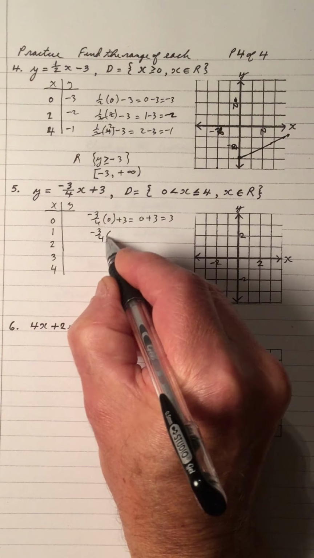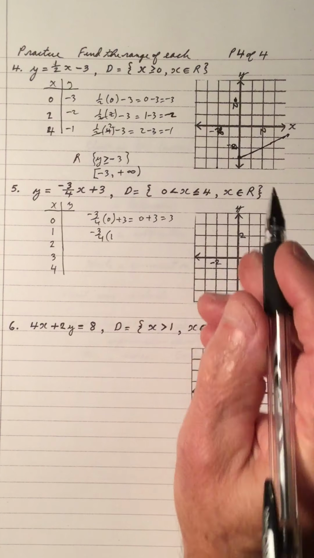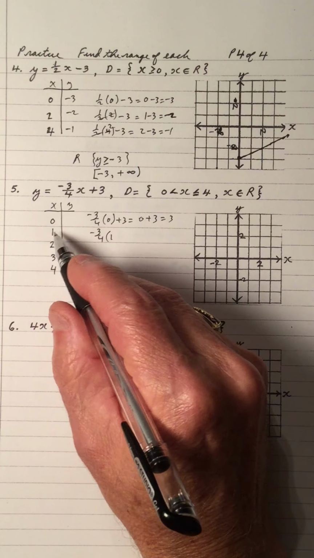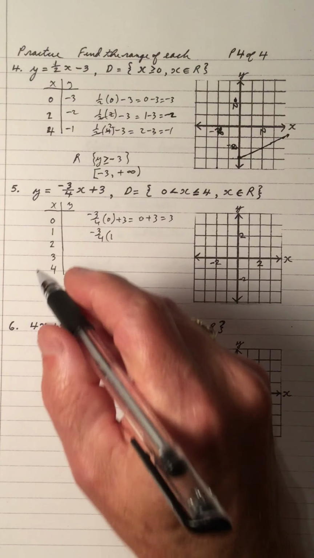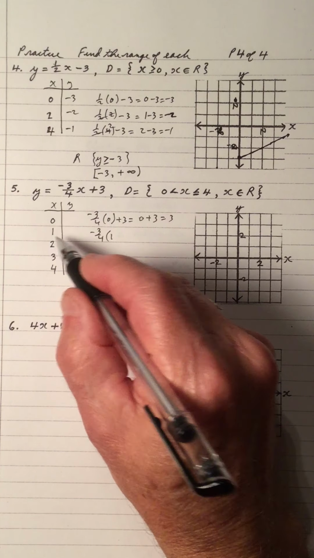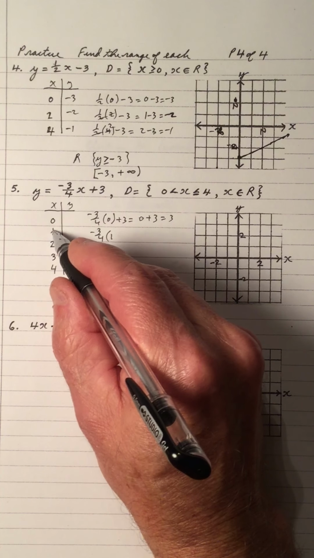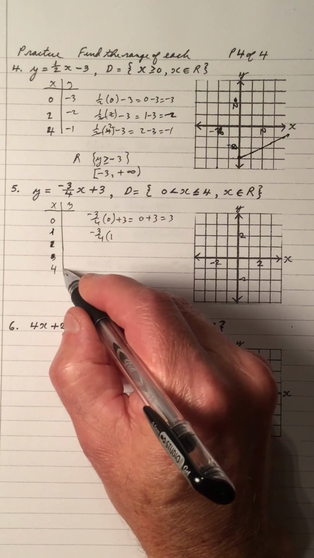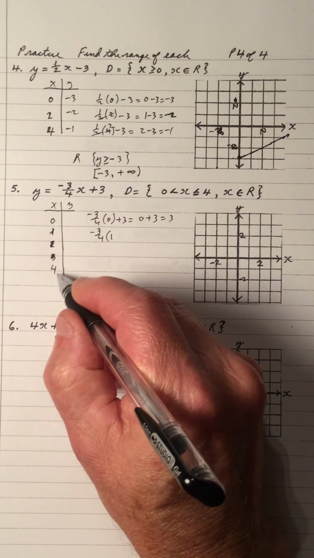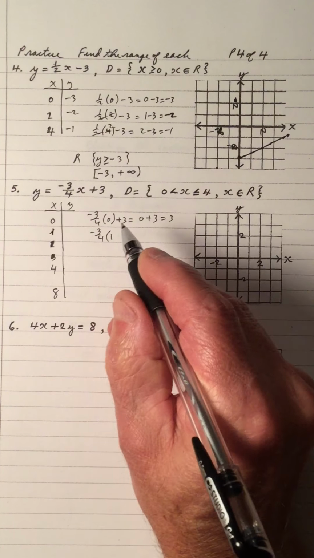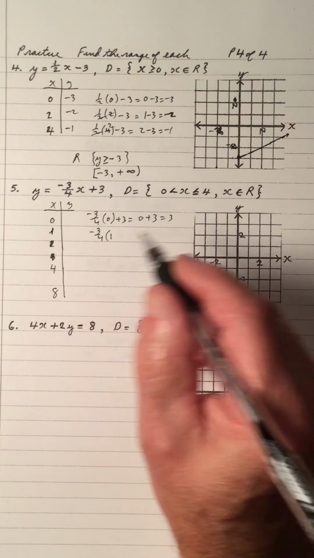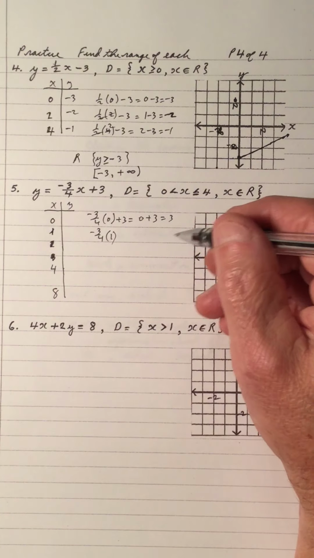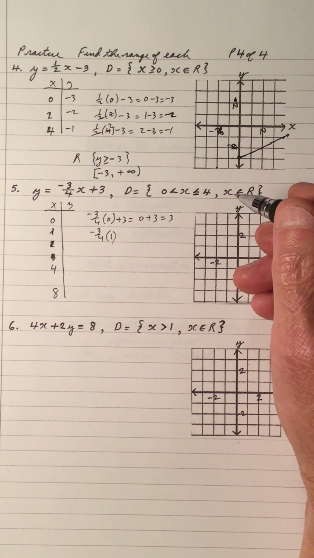Negative 3/4. Oh, I know what to do. I put a 1 in. But really, if I put these in, what'll happen? I'll get fractions. So why don't I just skip those and go 0 and 4. If I put the 1 in, I'm going to get some fractions, and that's hard to graph, the fraction decimals.